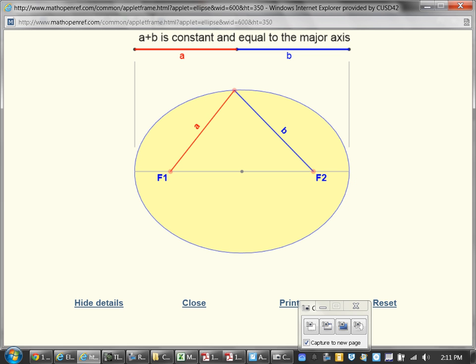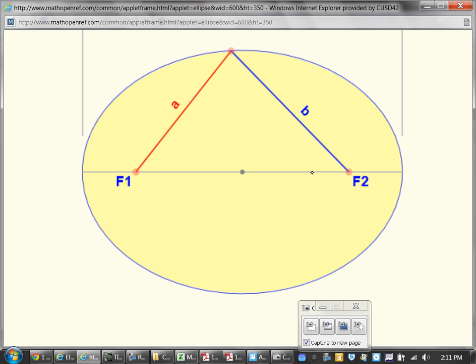Is it equal to the distance between the foci? That's what a lot of people ask. Sorry if I cut you off. What are the foci again? Are they on the edge of the circle? No. The horizontal line, is that equal to A plus B?